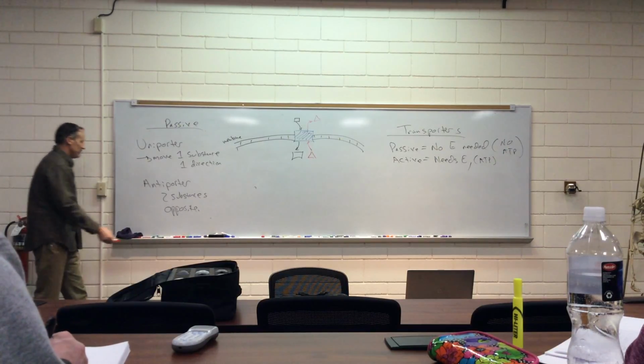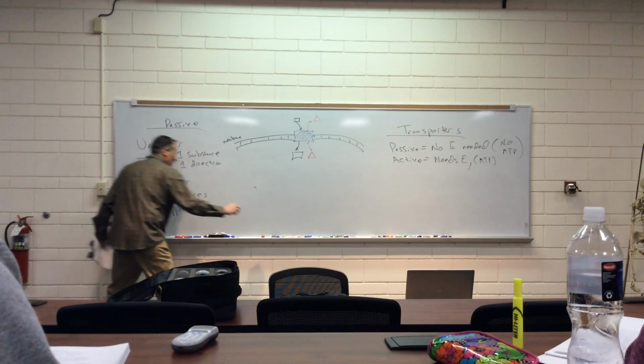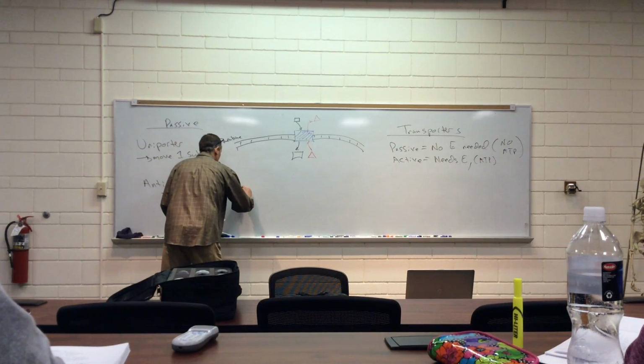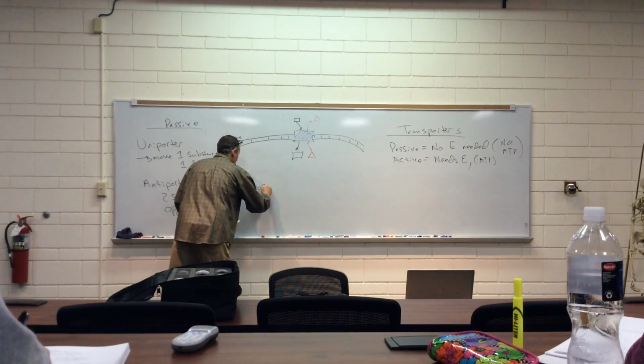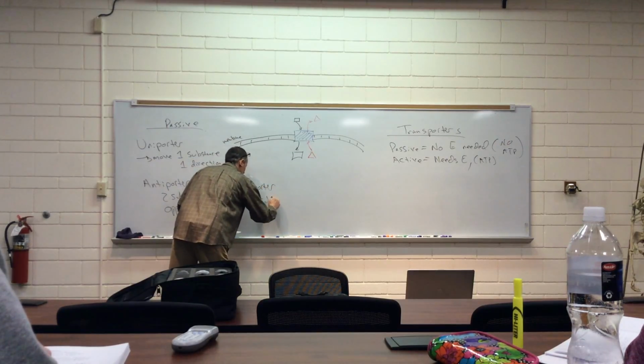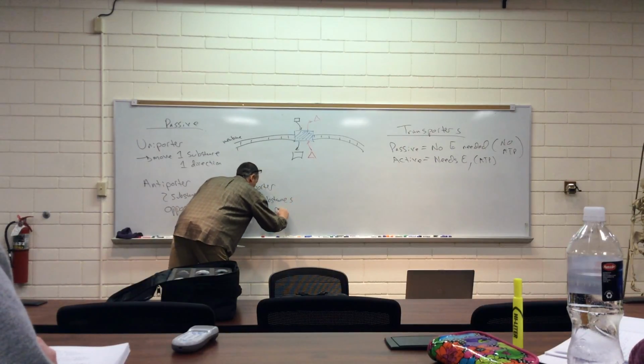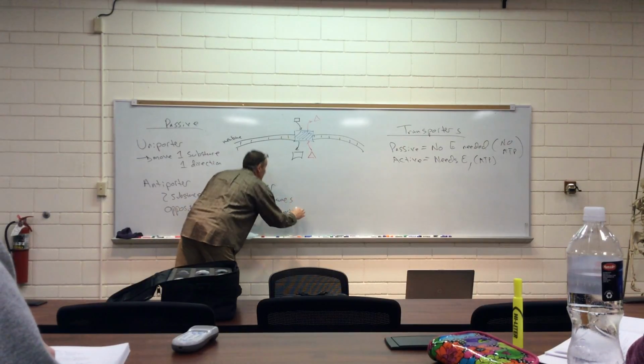And then the last type of transporter that is very common throughout prokaryote microbes and eukaryote microbes are the symporters. Two substances, same direction. So I'm just going to reverse those arrows as such.